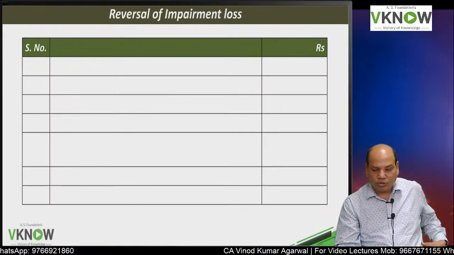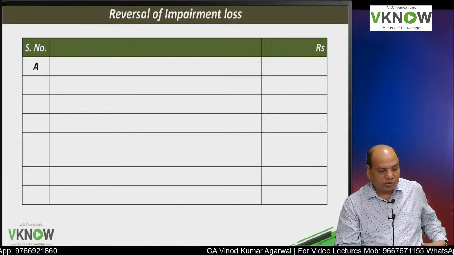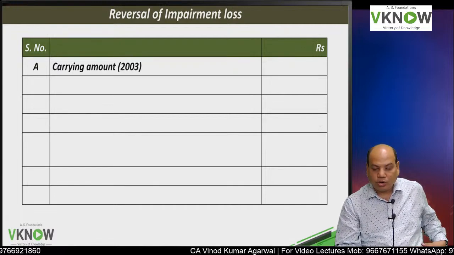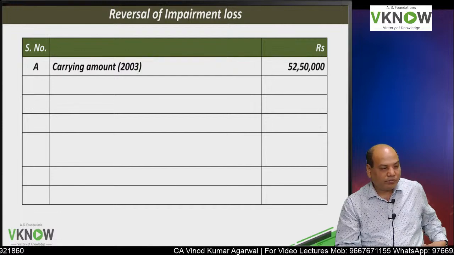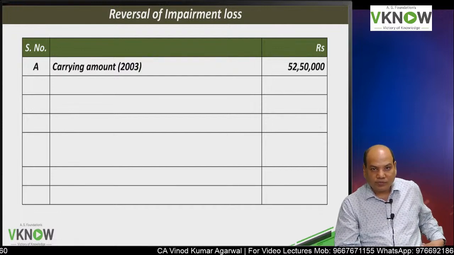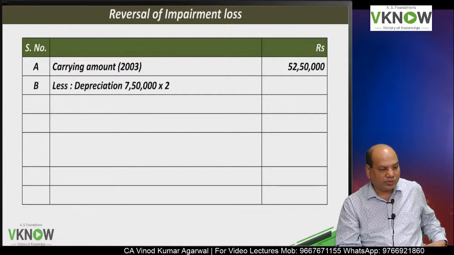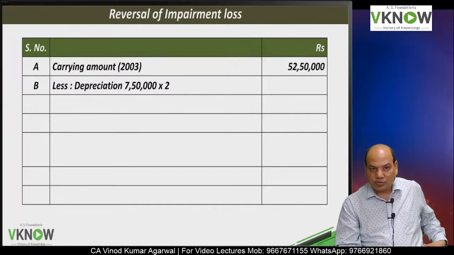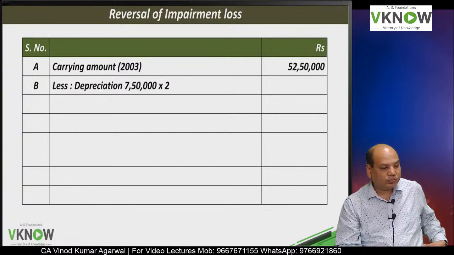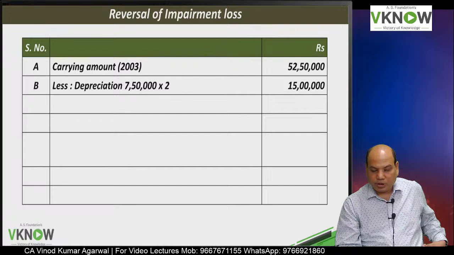Very important question we are solving. Question number 30, not in your study material. Okay. So first you write down point number A, carrying amount 52 lakh 50,000. Point number B, less depreciation 7 lakh 50,000 into 2. 7 lakh 50,000 per annum we are providing at original cost.